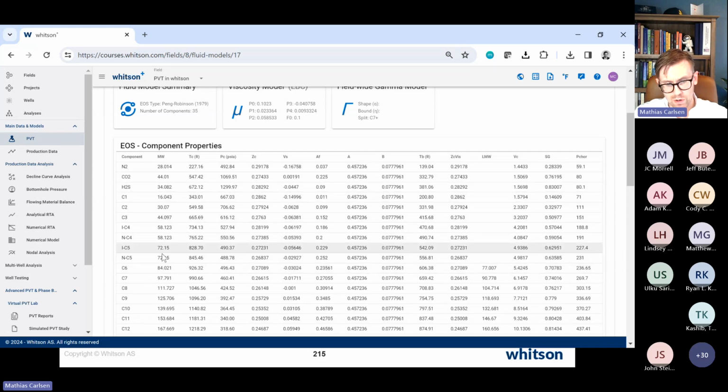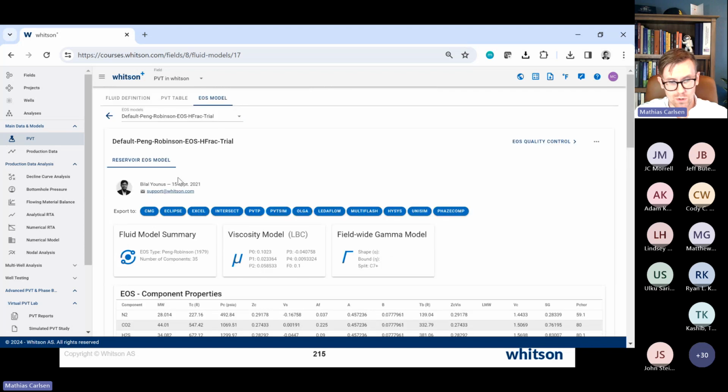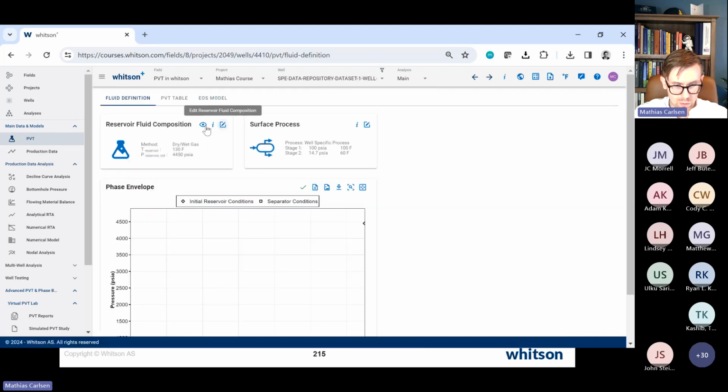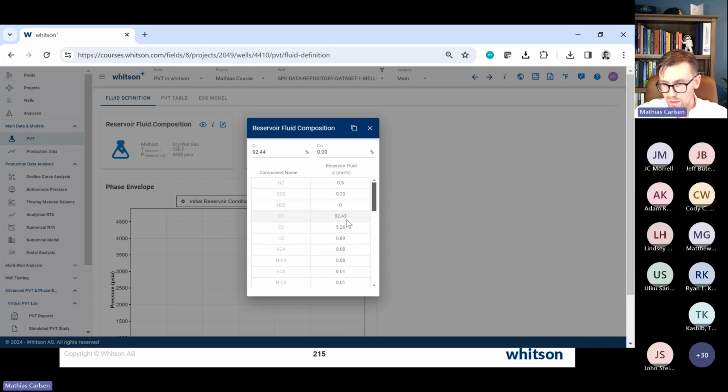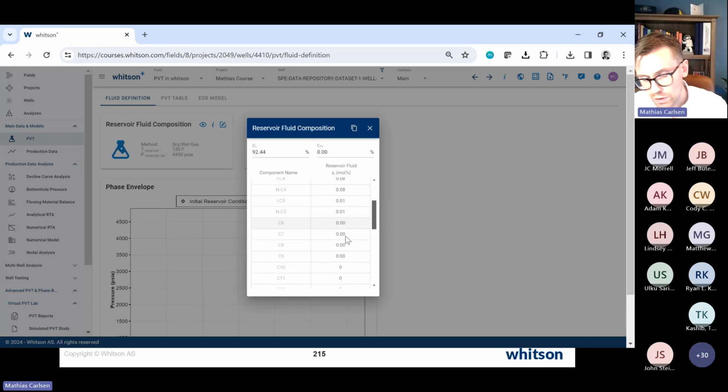They're well established, and when you're primarily dealing with fluids that have primarily methane and stuff like this, it's much more predictable than if you are dealing with fluids that have a lot of components that are heavier than C7, etc.